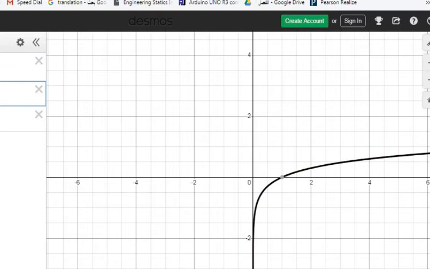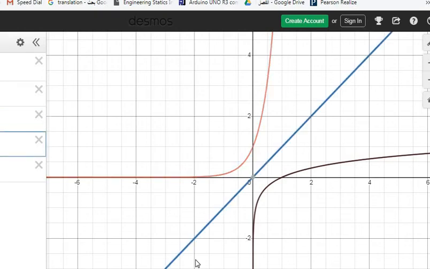And this is the graph of y equals log base 10 of x. It's the inverse of the previous function that we graphed before, which is x equals log base 10 of y. They are inverse of each other because they are reflected along the line y equals x. Reflected along this line. So these two functions are inverse of each other.